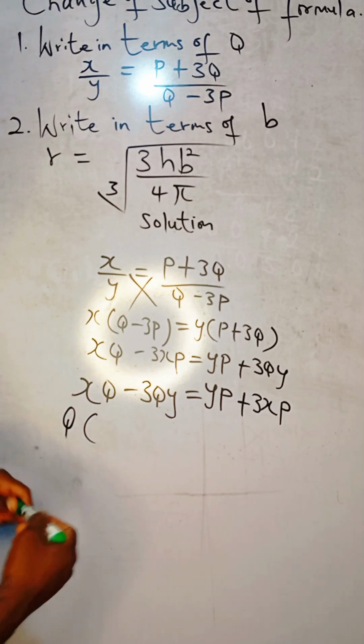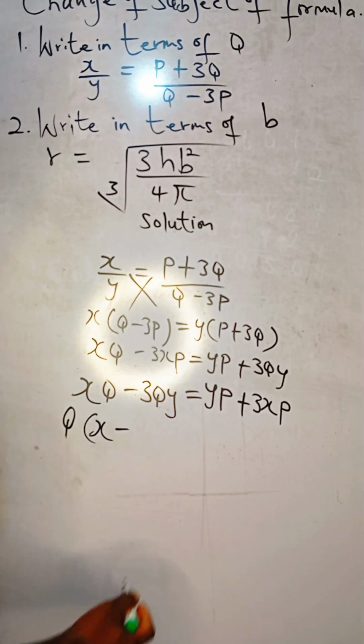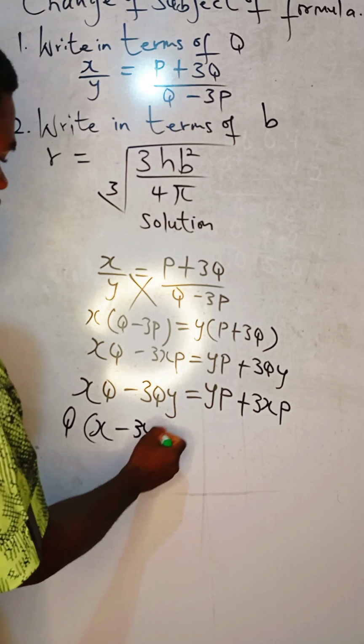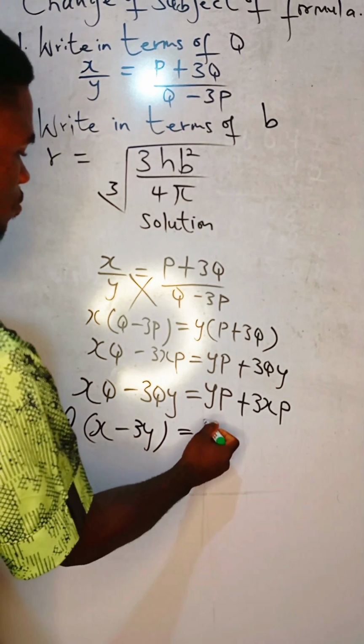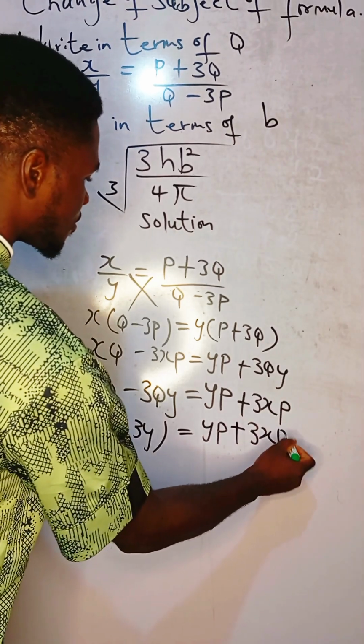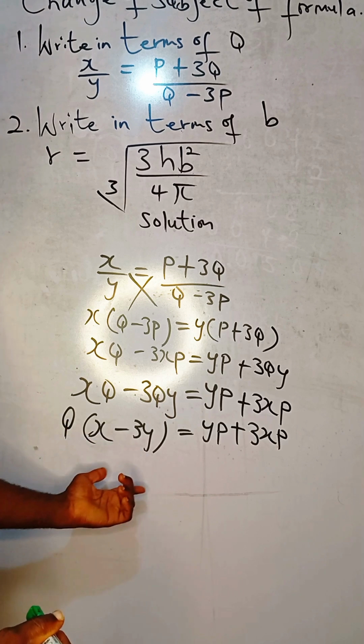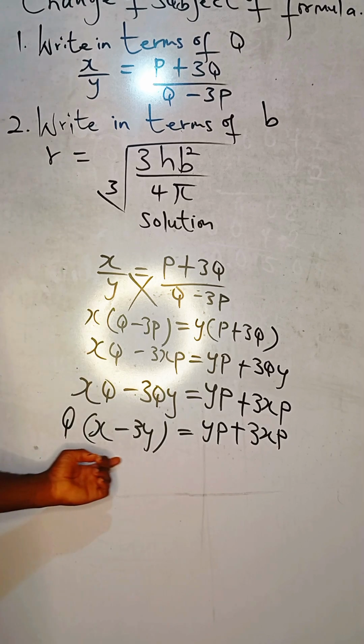Now q is going to divide q here, x is going to remain, minus, q is going to divide q here as well, 3y is going to remain, which is equal to yp plus 3xp. Now at this point, q is multiplying x minus 3y. I don't need x minus 3y.